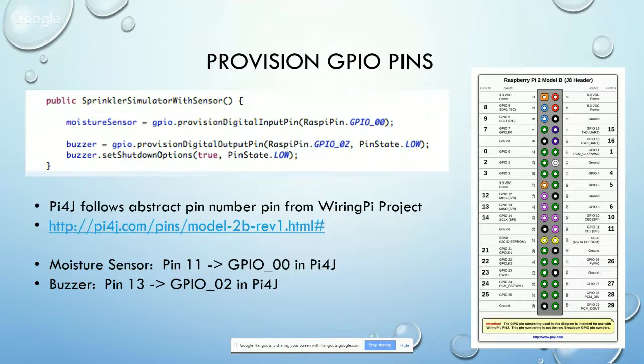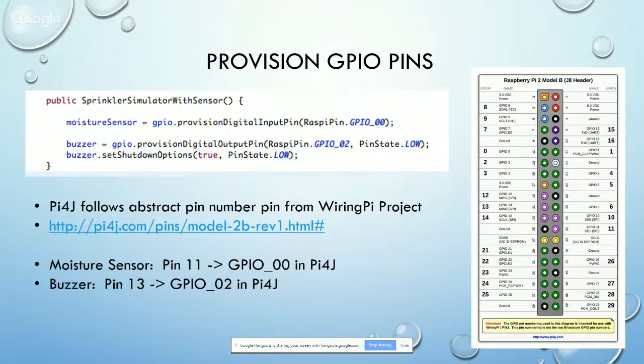One thing you will notice is that even though I've wired up the moisture sensor to pin 11 on the Raspberry Pi, when I actually provision it using Pi4j, I have to use a different pin numbering option. The reason is that Pi4j follows an abstract pin number scheme from the Wiring Pi project, which allows the application to be more resilient to any hardware changes.